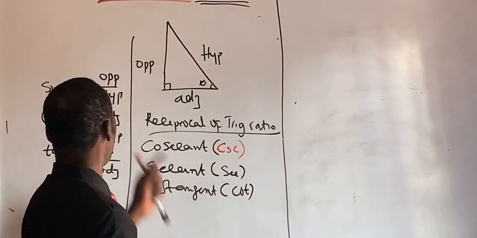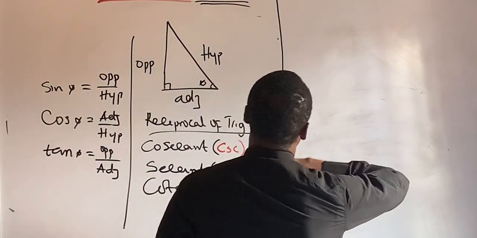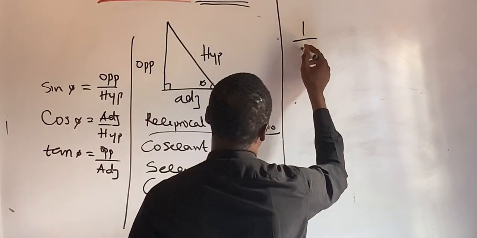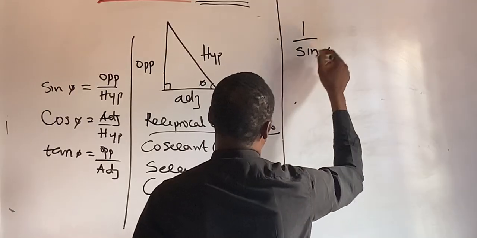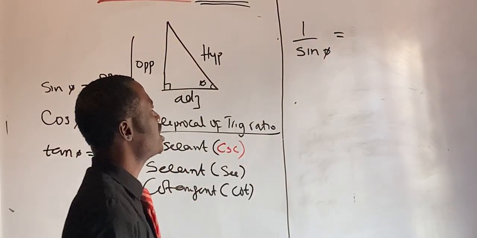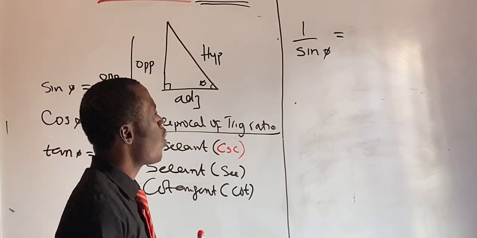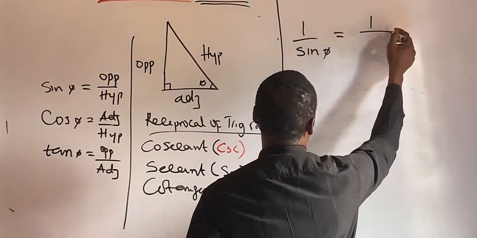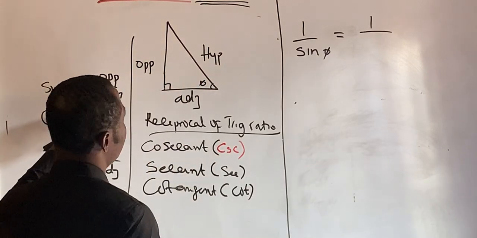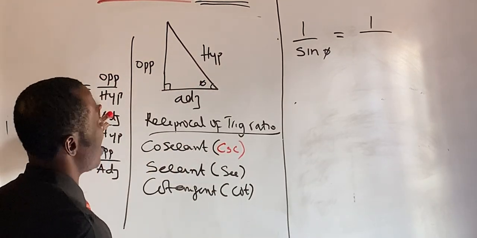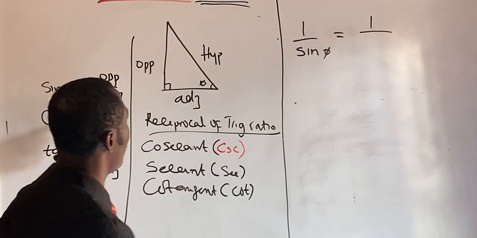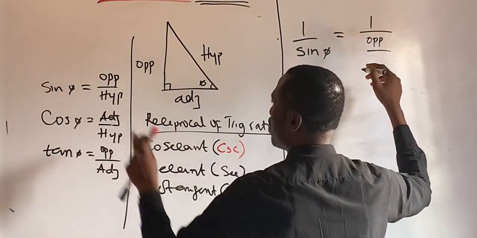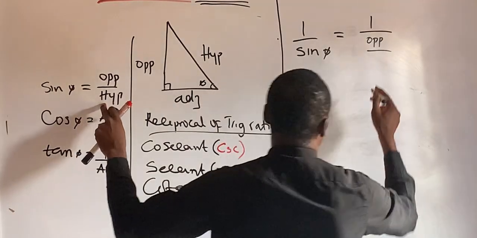For the reciprocal of the sine, it will become 1 over sine theta. 1 over sine theta simply means 1 over, what's the sine theta here? Sine theta here is opposite over hypotenuse, sorry.